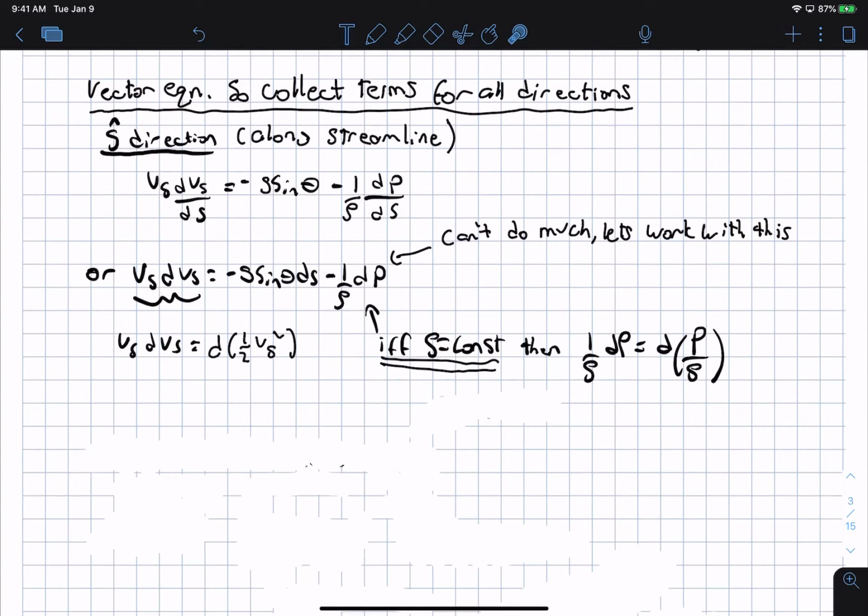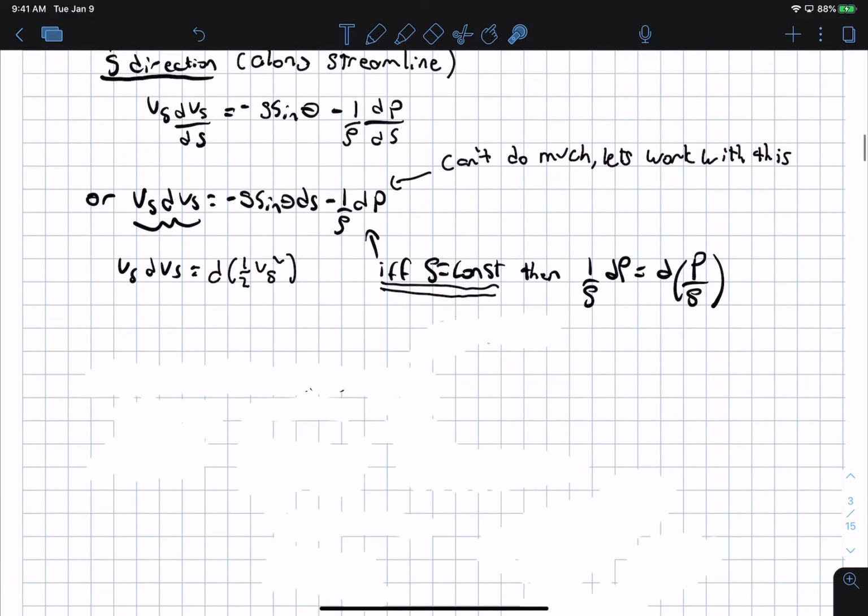Now we've simplified these two terms by making an additional assumption that rho is constant. So now we've layered on yet another assumption for our analysis.